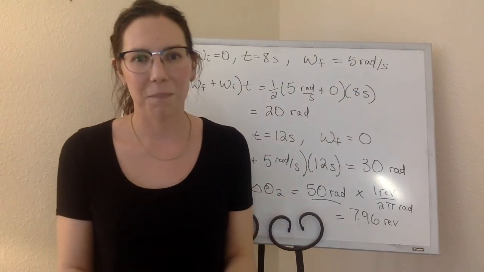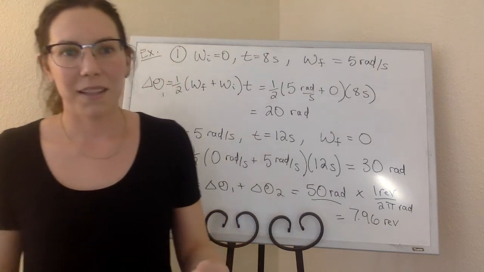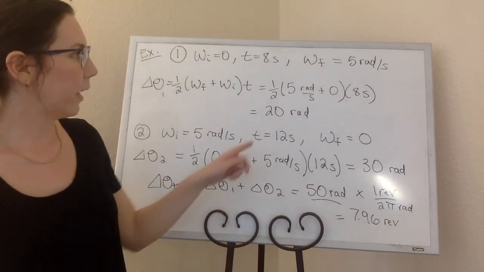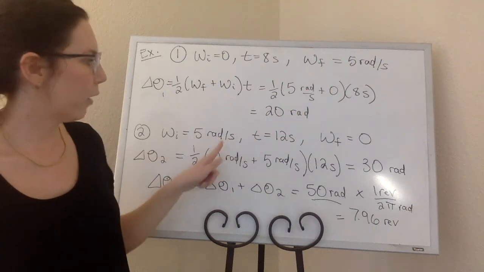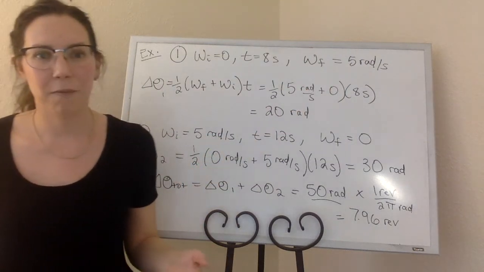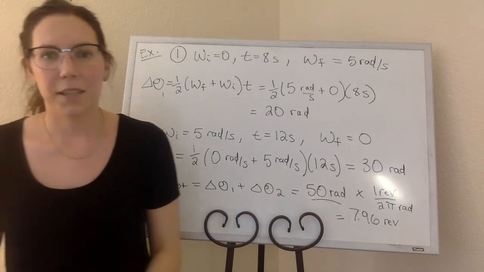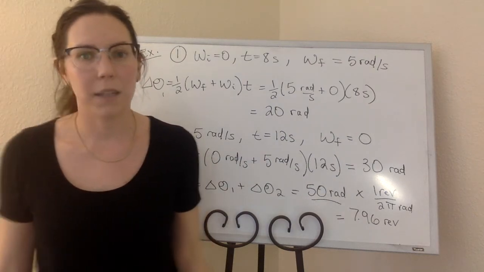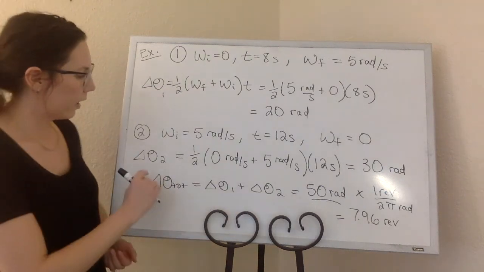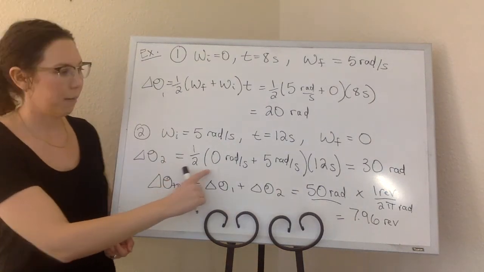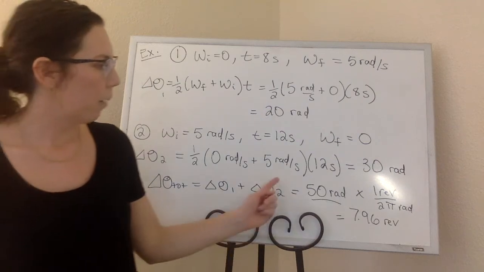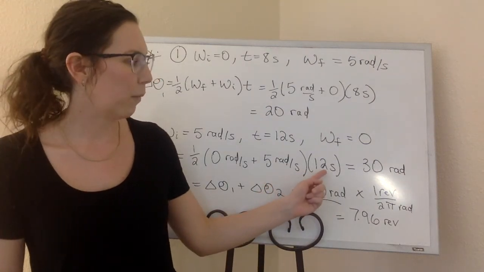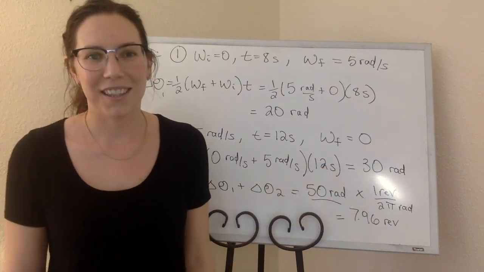Now for the second cycle of the motion, where it begins to slow down, the final velocity from before becomes the initial velocity, 5 radians per second, and this is for 12 seconds, and then it comes to a stop, omega final equals 0. So delta theta 2 will be 1/2 times (0 radians per second plus 5 radians per second) times 12 seconds, which is 30 radians.